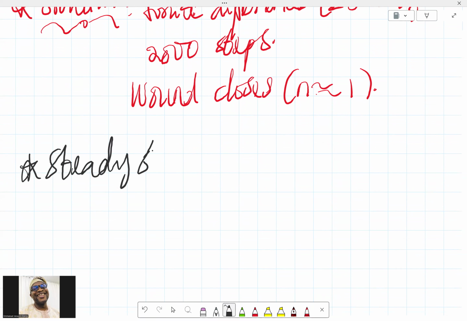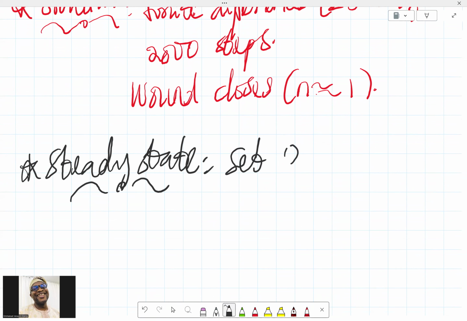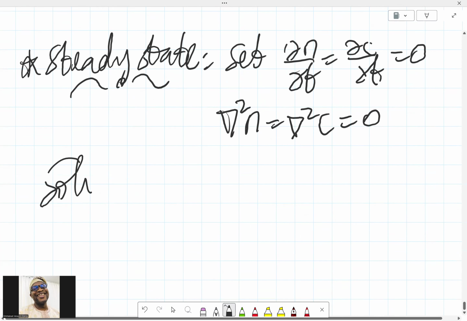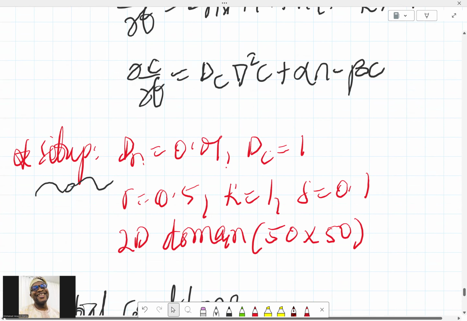Steady state. So for steady state, you can take this as a task. So set partial n partial t and partial c partial t to be equal to 0, and grad squared n and grad squared c also equal to 0. So what we basically want to solve will be this system, because everything involving derivative is gone.